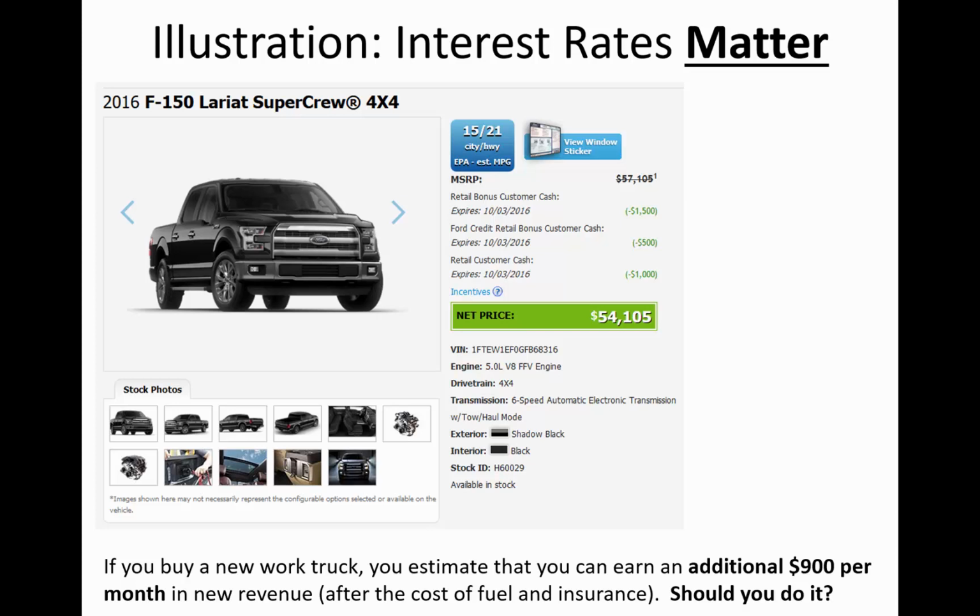You wanted to make money from this, and you estimate that if you buy the truck, it's going to allow you to get an extra $900 a month in new revenue. That's over and above the cost of insurance and fuel. Would it be worthwhile to buy a truck for $54,000 when you're going to get $900 a month in new revenue? To do that analysis, we'll have a look at a spreadsheet that considers these two different interest rates. Give me just a moment to open up my spreadsheet.